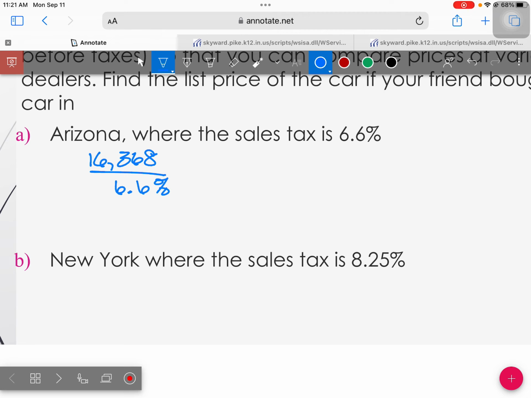If I take the full price of the car and I divide it by a very small percentage, what would that get me? The sales tax? The price before the tax? I'm going to say no. I don't know. Okay, but you tried. I appreciate that.